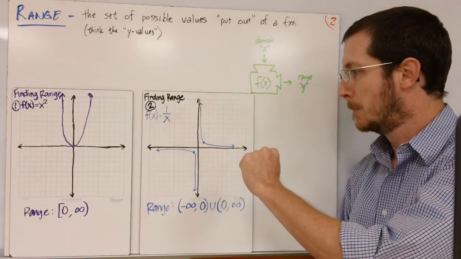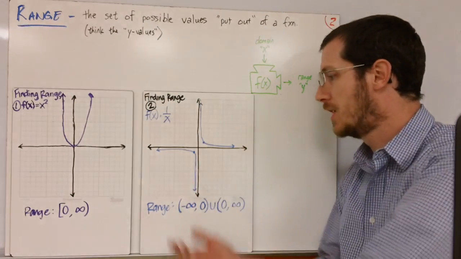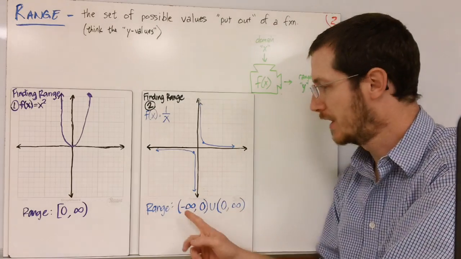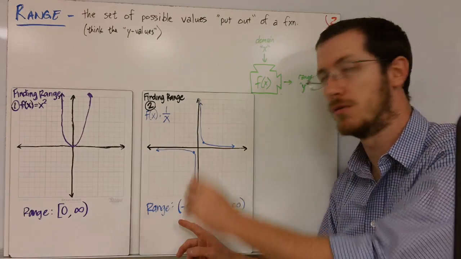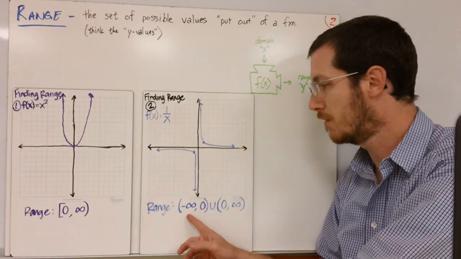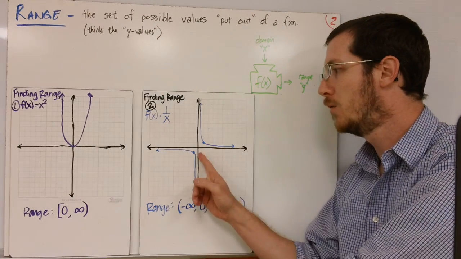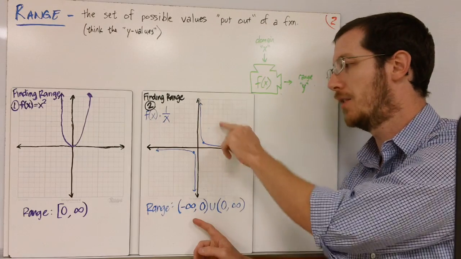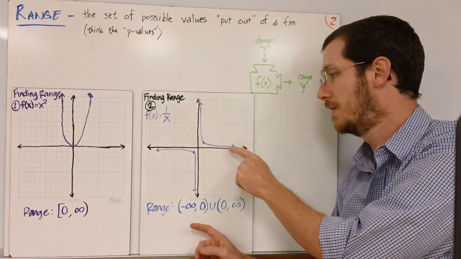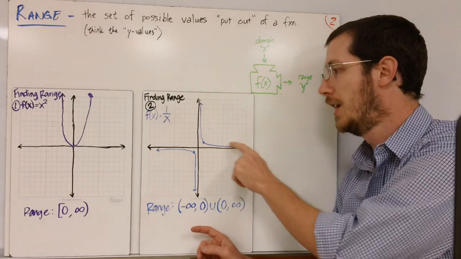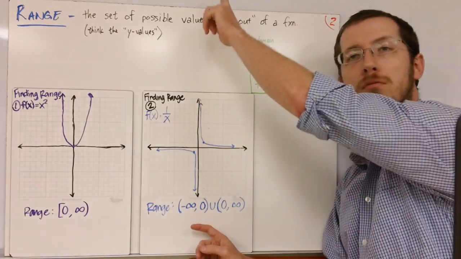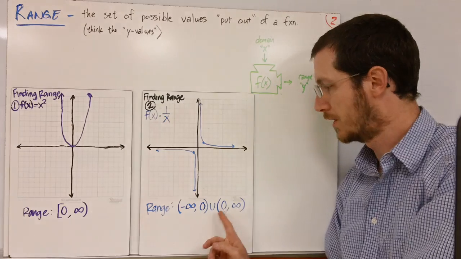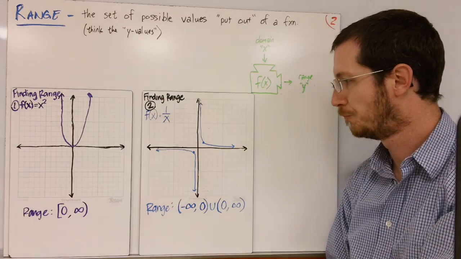So this piece shows that the range starts, in a sense, at negative infinity. Those values continue to go forever and ever without end. And we've got a break here at 0. This piece picks up on the other side, on the positive side of 0, and it goes to all positive y values. So that's this piece here.